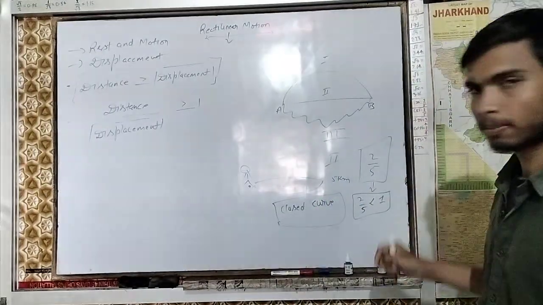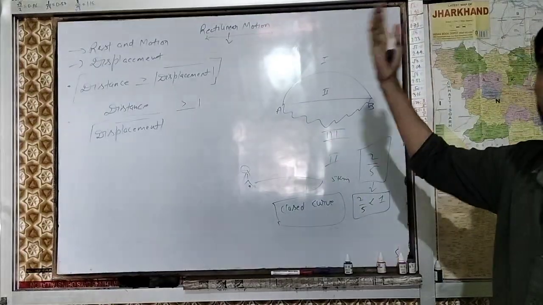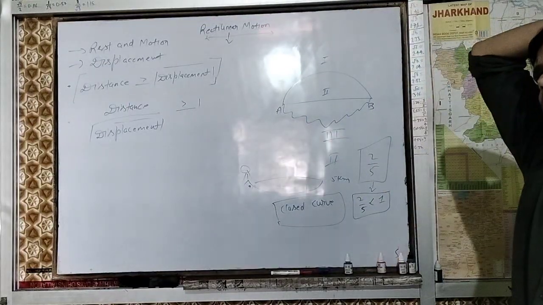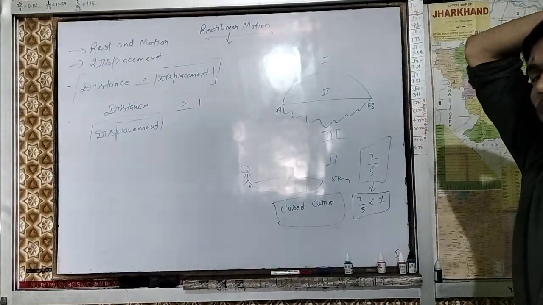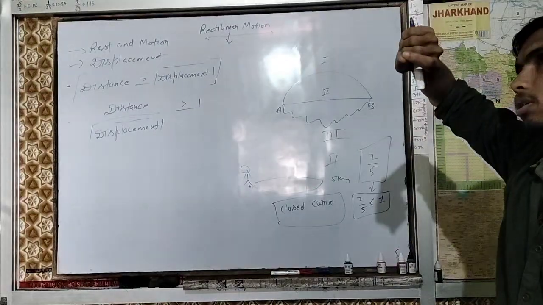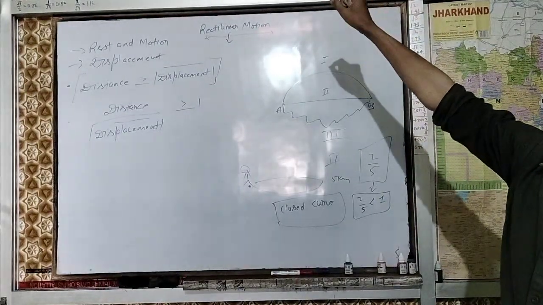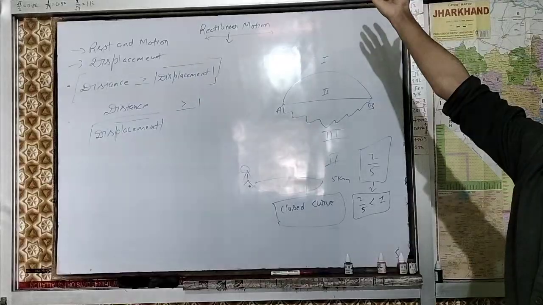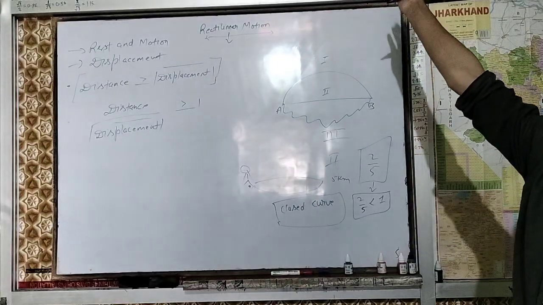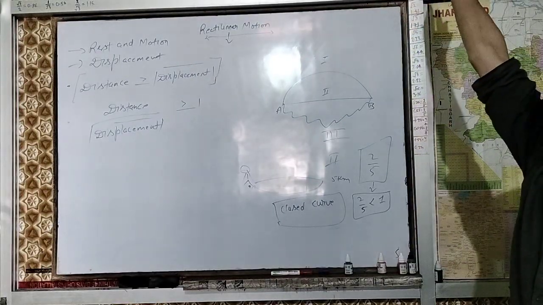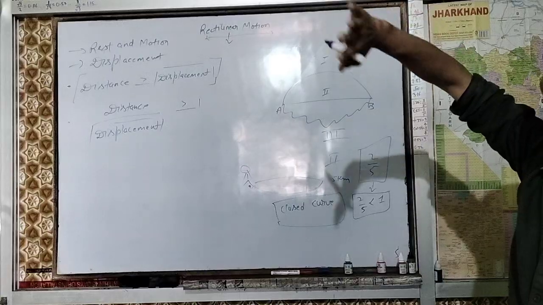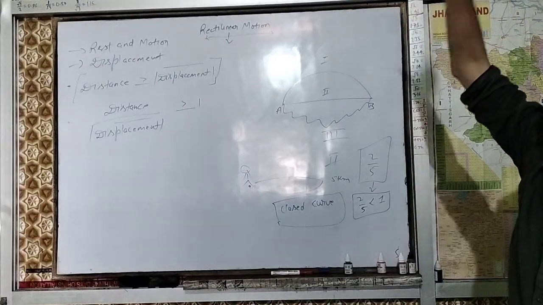Just the opposite: if the denominator is less and the numerator is greater, in that case we will get a number greater than 1.